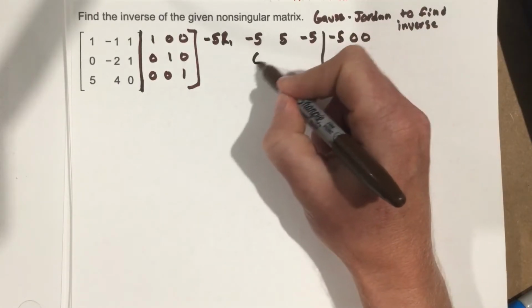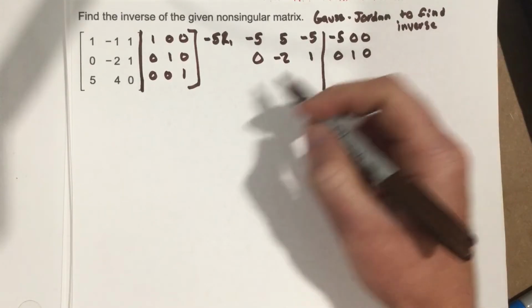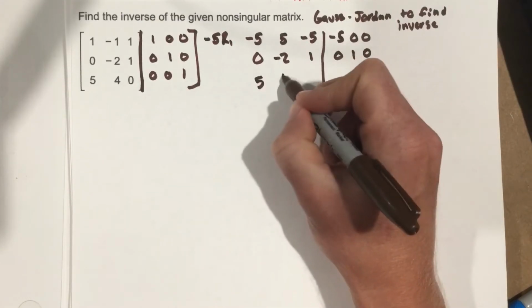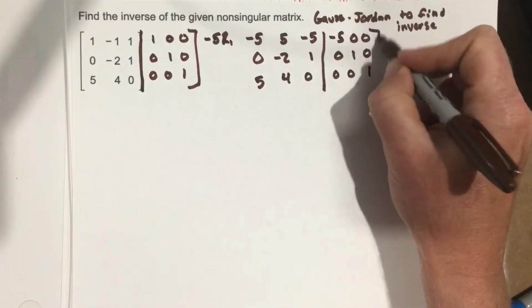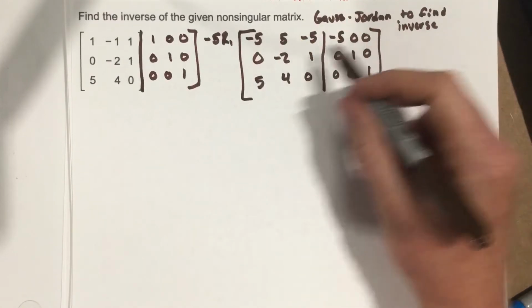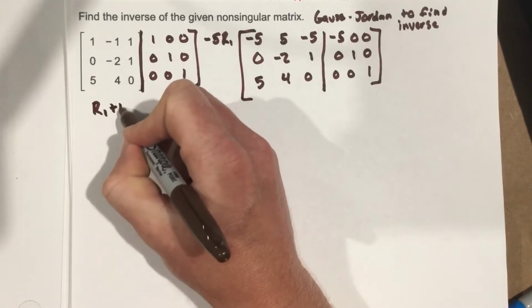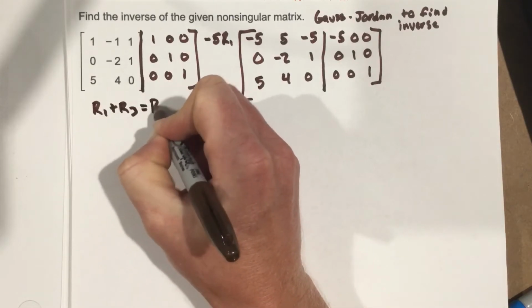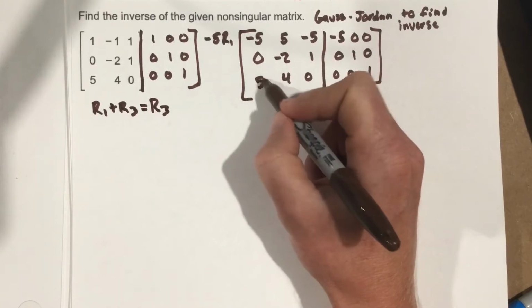And then we'll get 0, -2, 1, 0, 1, 0 still. And on the bottom, we still have 5, 4, 0, 0, 0, 1. So now I'm going to say row 1 plus row 3 equals row 3. So we're going to add the row 1 with the row 3 because we're trying to get this to be 0 here.